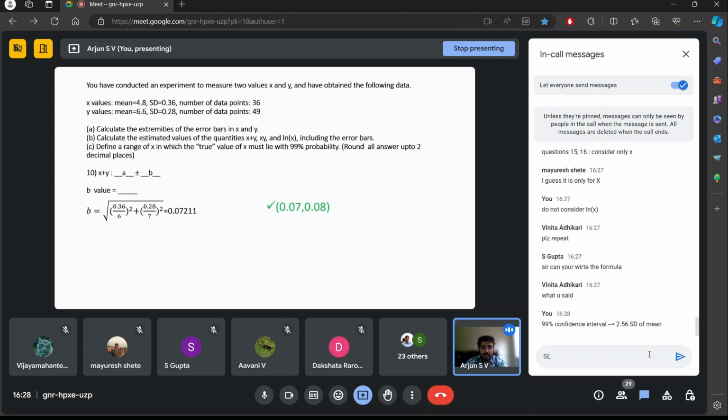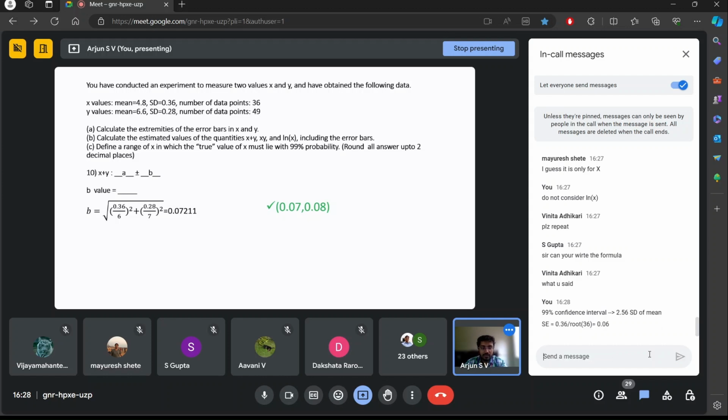So your standard error will be 0.36 divided by the root of 36, the number of observations, which is equal to 0.06. So 2.56 standard errors will be 2.56 times 0.06.